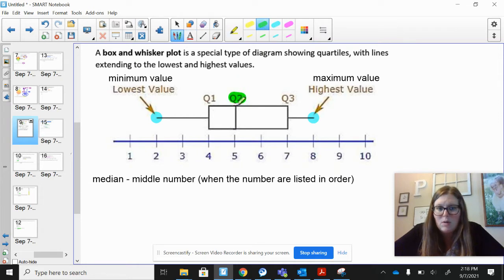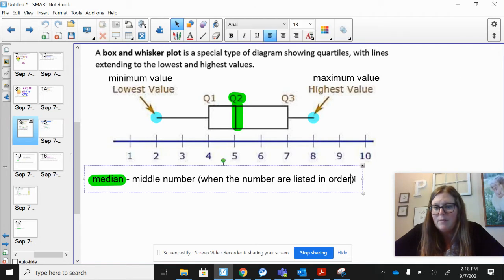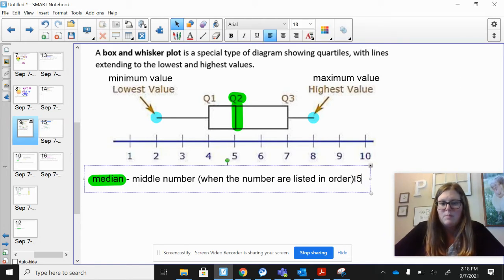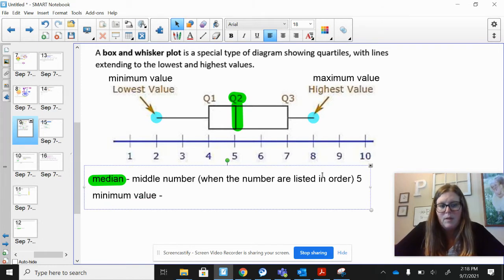This Q2, or this middle line in this box, is the median. So in this case, our median is 5. I'll just put a 5 here at the tail end. Just for kicks, I'll also put in our minimum value is 2. And our maximum value is 8.